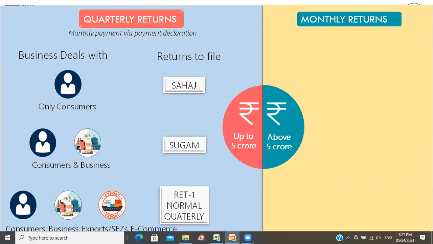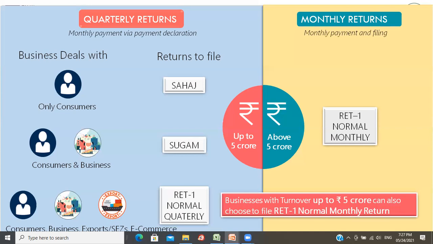If the turnover crosses 5 crores, they will automatically move to monthly returns. They are supposed to file monthly returns and make payments, and they need to follow normal monthly returns only.